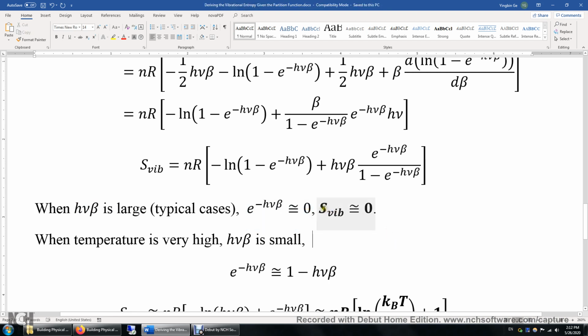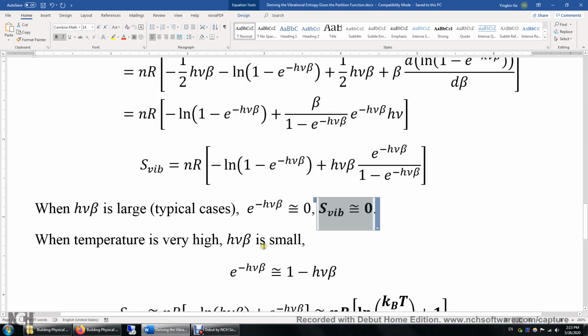Therefore, the vibrational entropy of HCl molecules at room temperature is roughly 0. It's understandable because at room temperature, most HCl molecules occupy the ground vibrational energy level. So there's roughly just 1 microstate, and then the entropy is roughly 0.